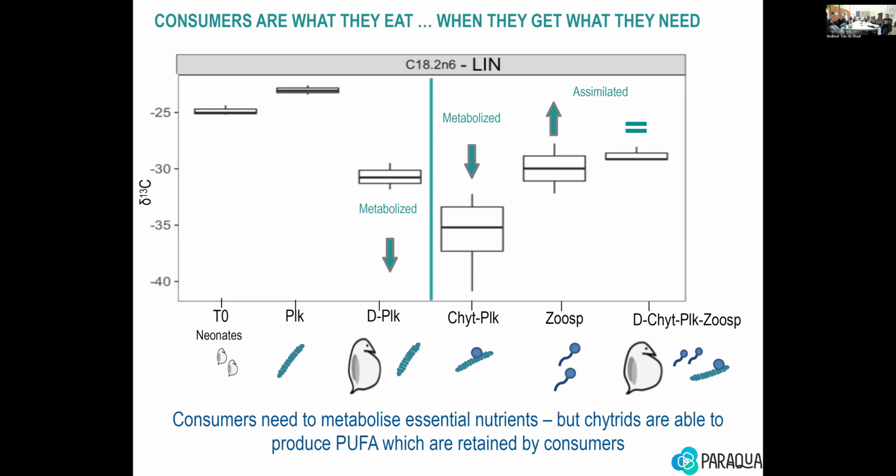Then we can see that the zoospores assimilate from the infected Planktothrix. So we can assume that this production of linolenic acid is happening at the sporangia level, at the infection level. Then it gets accumulated in the zoospores, and the Daphnia have the same signal. They just assimilated the same signal from feeding on the zoospores.